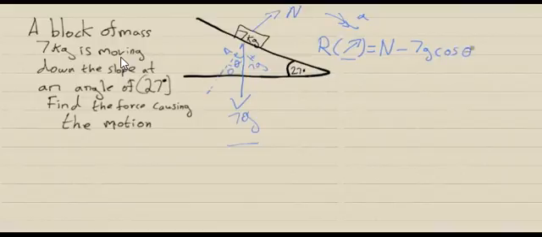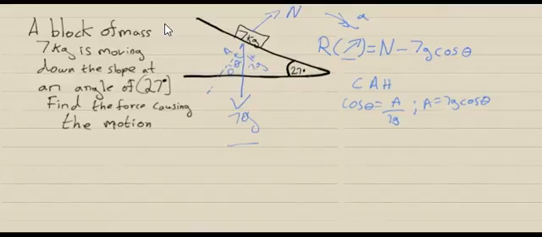Now, where does 7g cos theta come from? From what we practiced earlier, it's basically the adjacent, which is A, and since we have A, cos theta equals A over 7g. A would then equal 7g cos theta.